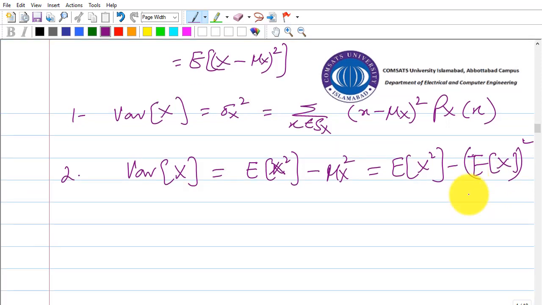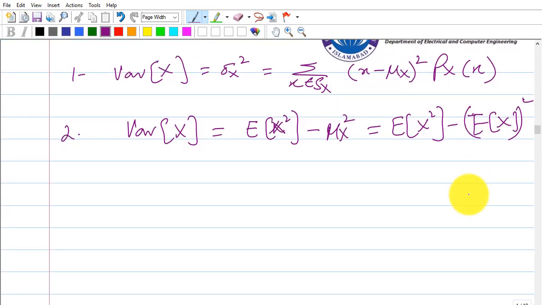They are not the same values, so we have to be very careful about this. We can use either method to find the variance of a random variable.